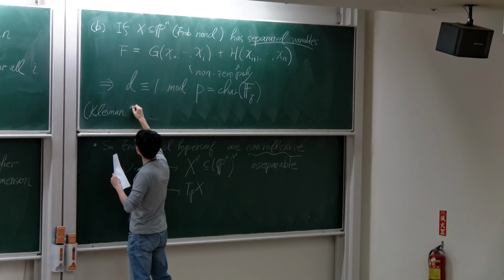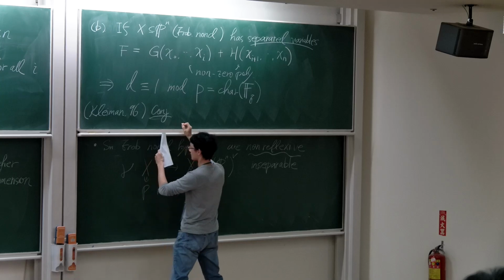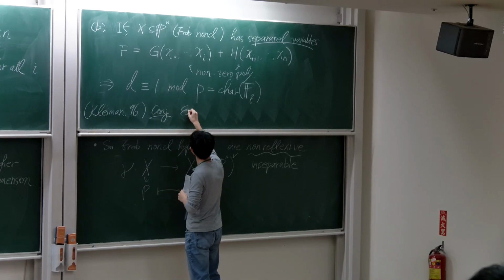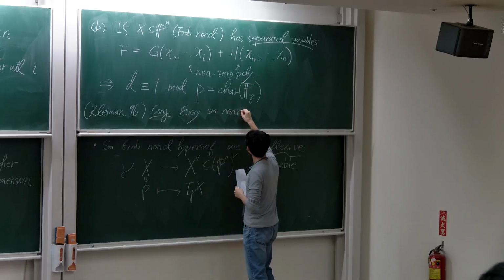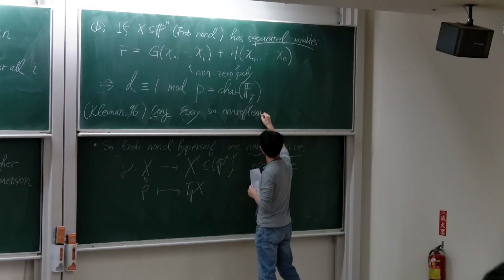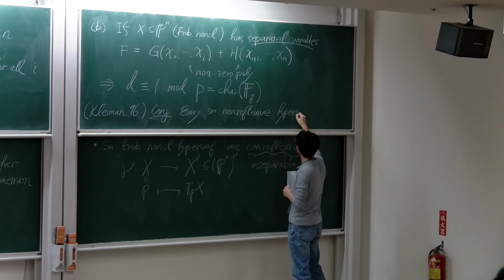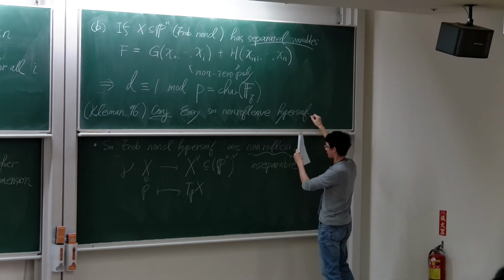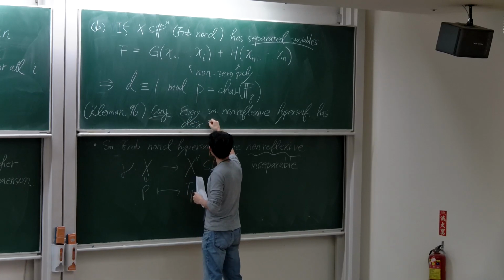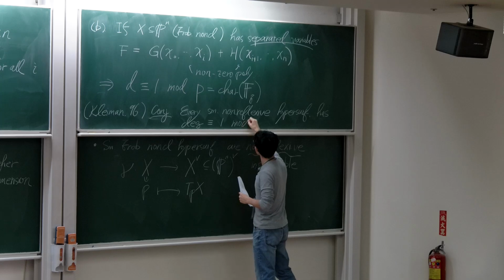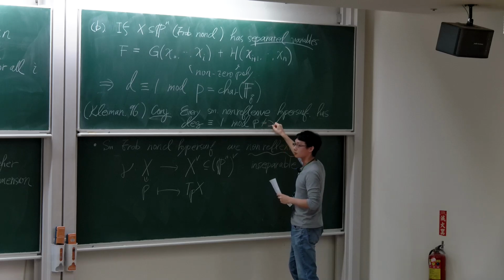The conjecture says that every smooth non-reflexive hypersurface has degree 1 mod p, where p is not equal to 2.